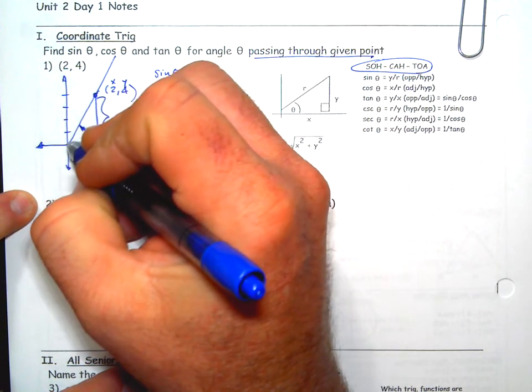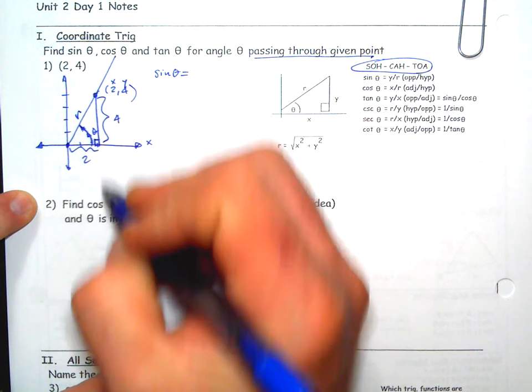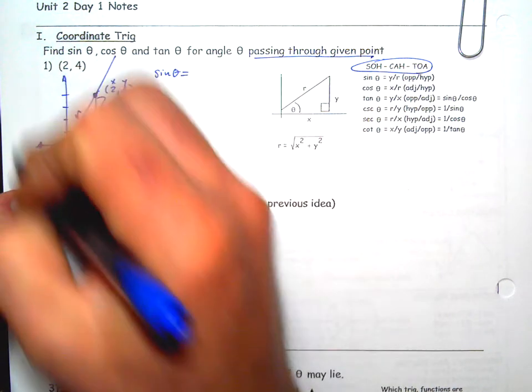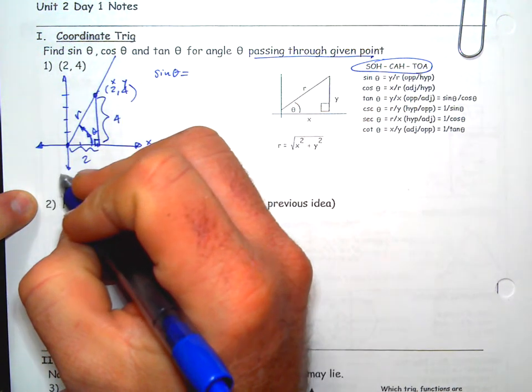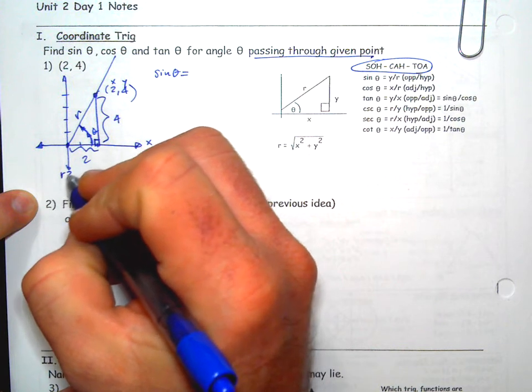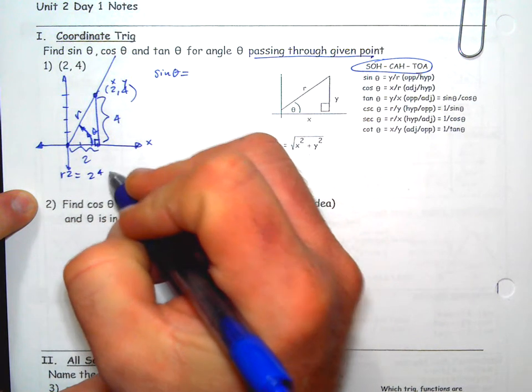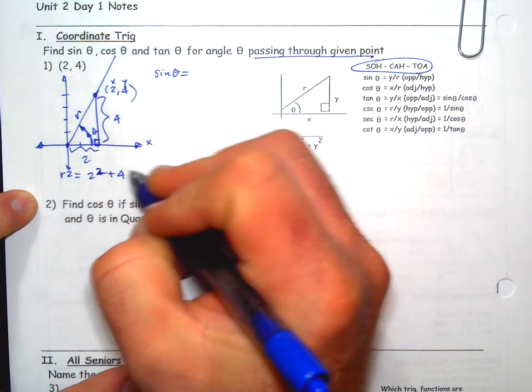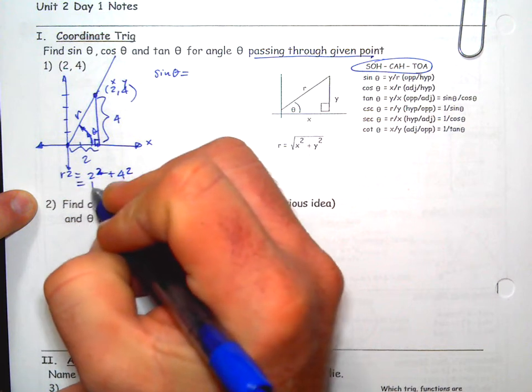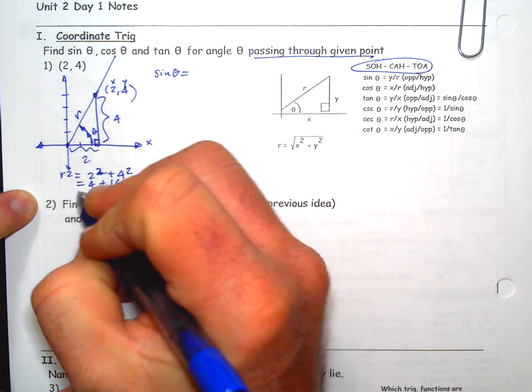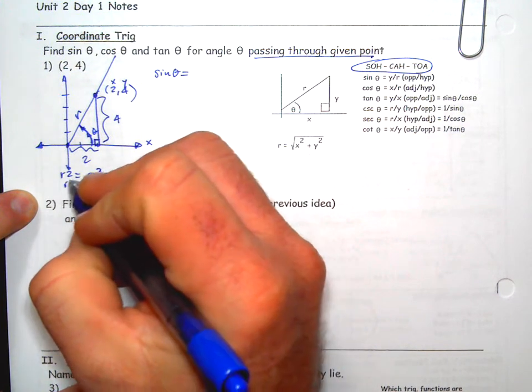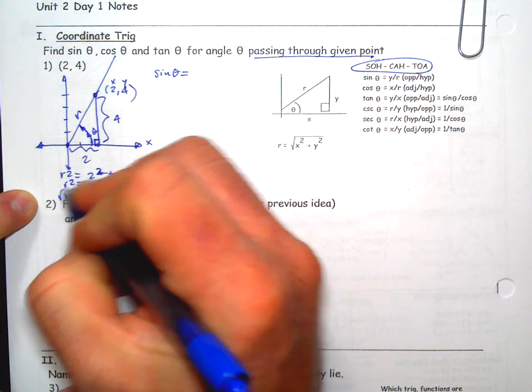This right here is often referred to with an R for radius, because it's like a sweeping circle. So if you do the Pythagorean theorem, r squared equals 2 squared plus 4 squared. So that's 4 plus 16, so that's 20. And then you take the square root of both sides.